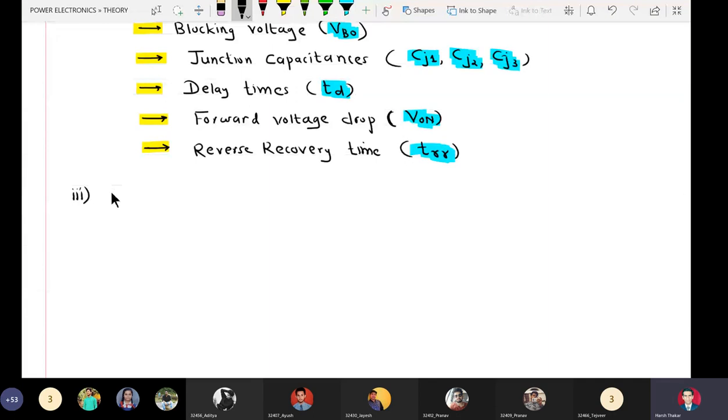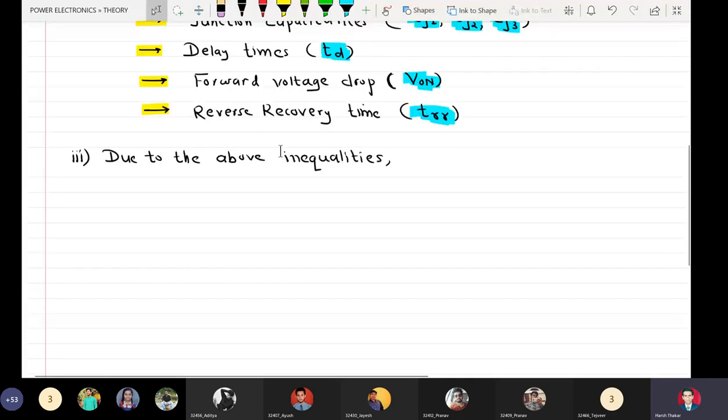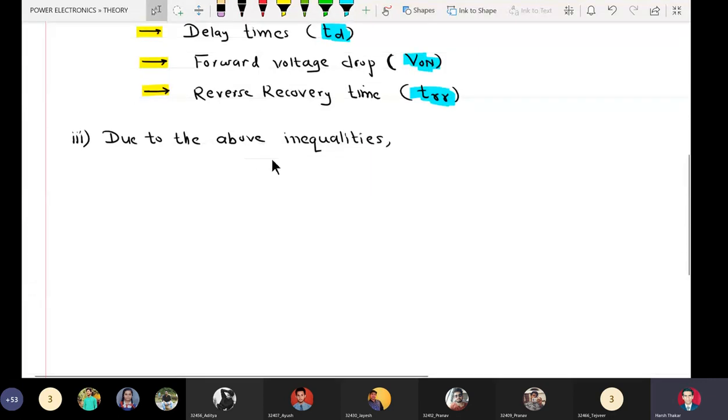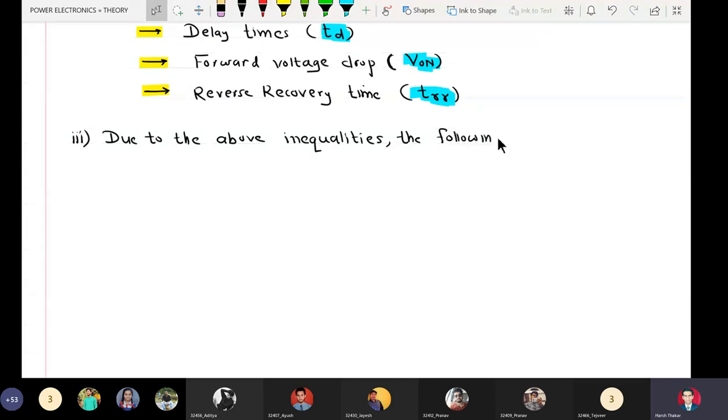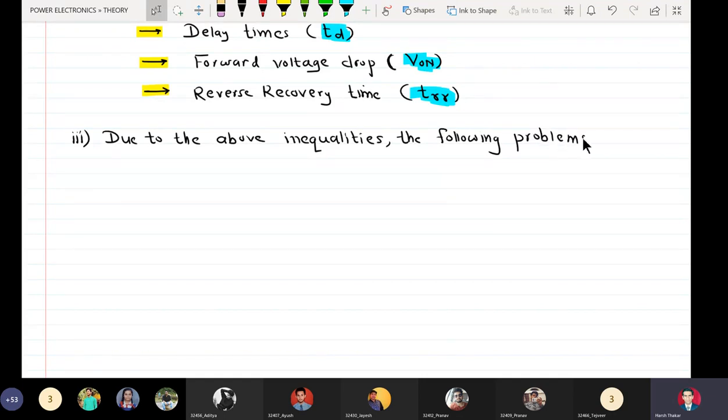So we can say that due to the above inequalities, the following problems arise.